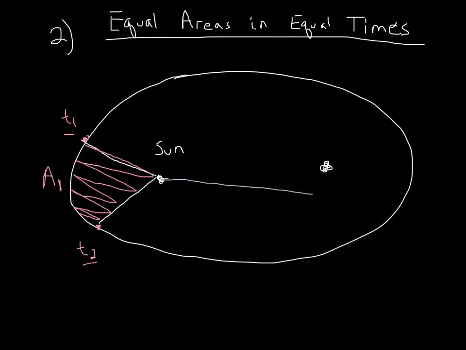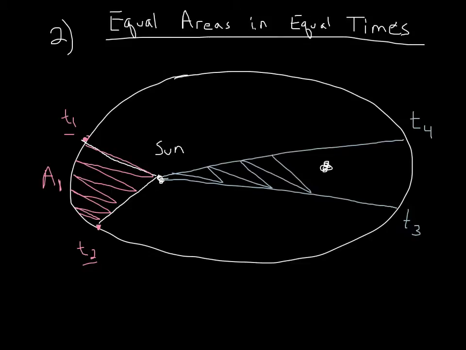I draw my imaginary line at some time t3. And then I imagine drawing my imaginary line at some later time. We'll call it t4. And I again have swept out some certain amount of empty space, some certain area, by drawing that line. My planet is sweeping out an area. I'm going to call that area 2.